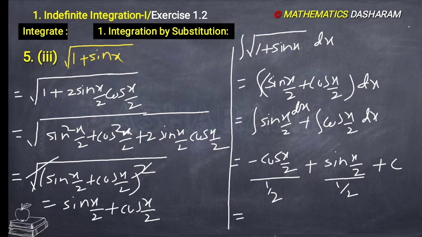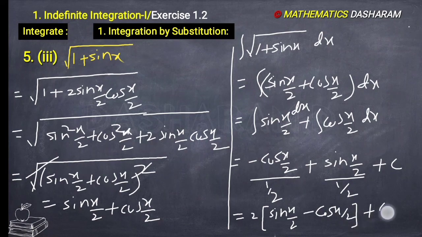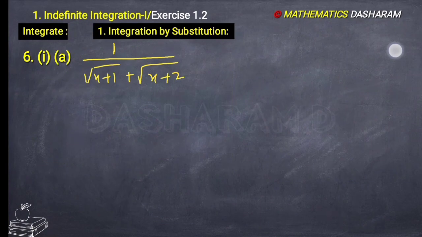Now 1 by 2 will go upside, then we can take the minus 2 common from both terms, minus 2 bracket of cos x by 2 minus sin x by 2, otherwise take the plus 2 common, so plus 2 bracket of sin x by 2 minus cos x by 2 plus c is our required answer.